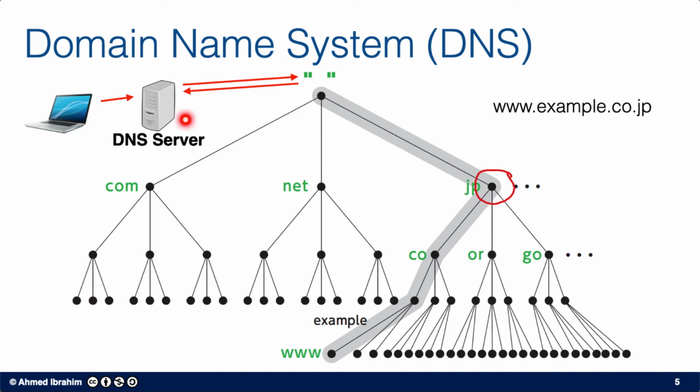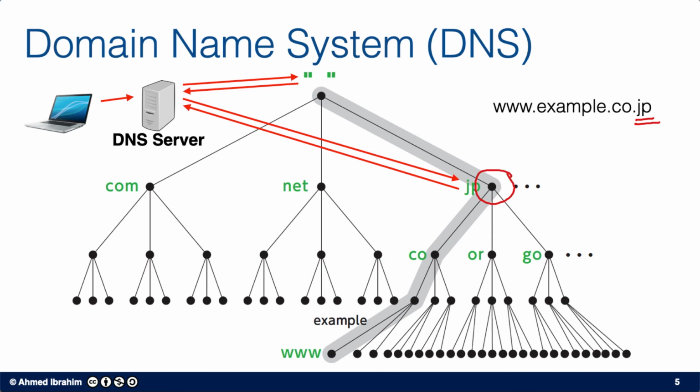So now our DNS server knows where JP, which is this part of the domain name, is, but it doesn't know where the whole domain name, www.example.co.jp, is. So it sends a message to JP and it says, I want to know where is www.example.co.jp.